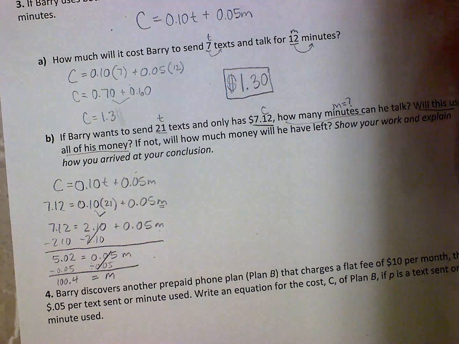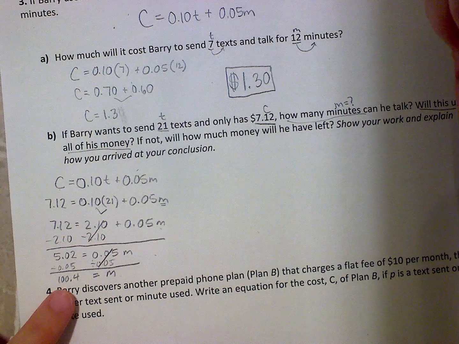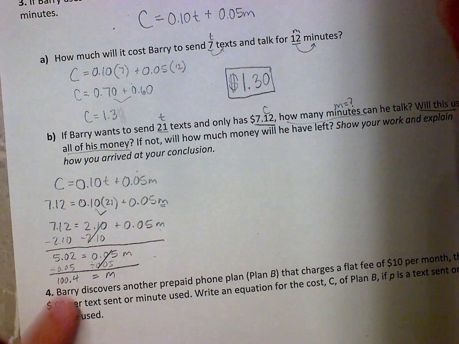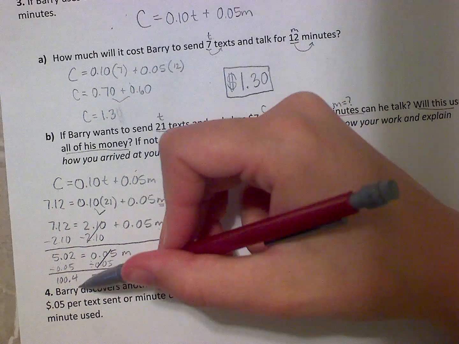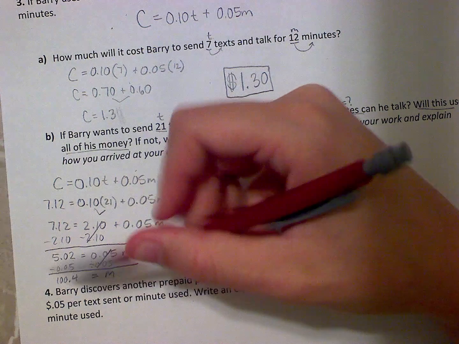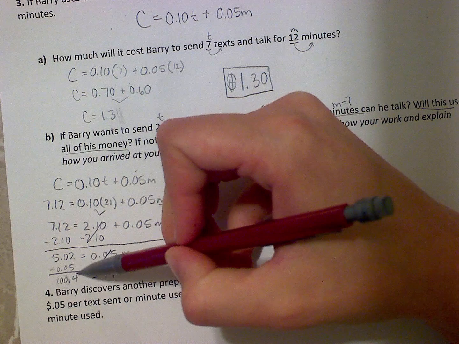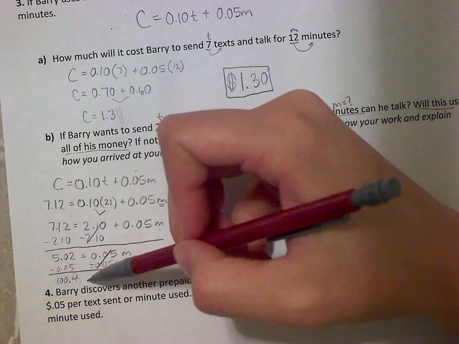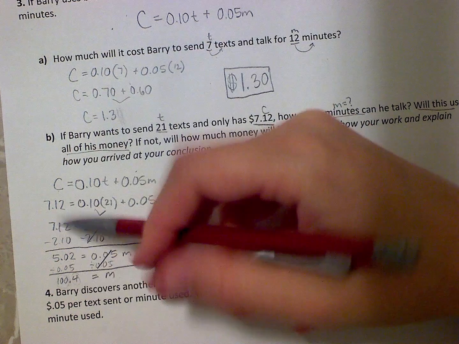It's not like you can talk a minute and a half and they'll charge you for half the minute. They charge you for full minutes. And so it doesn't really mean you can talk for 100.4 minutes. It's saying that if you had $7.12, that's the amount you could talk for. But realistically, you could actually only talk for 100 minutes, because once you start that next minute, it's going to charge you for 101 minutes, which he doesn't have enough for.